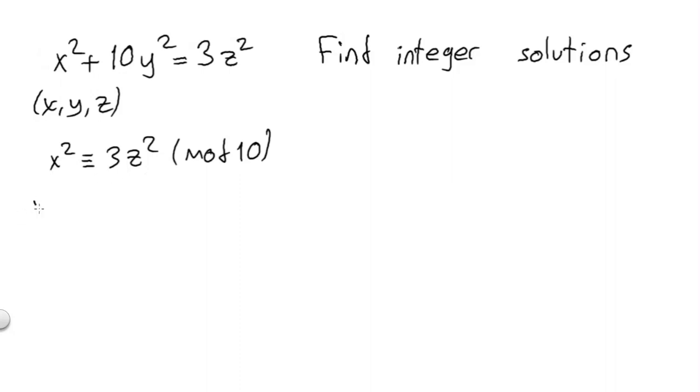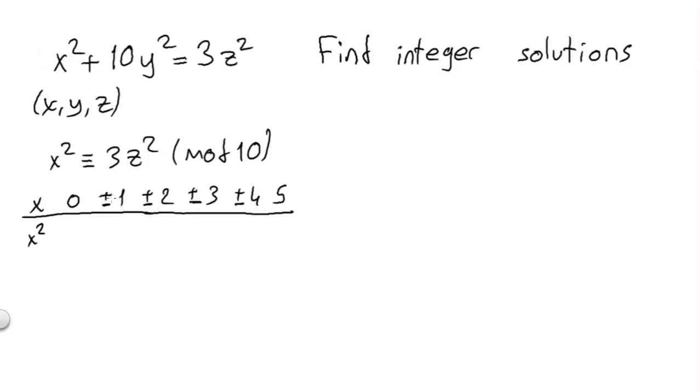I will write the values of x and x squared. x can be 0, plus or minus 1, plus or minus 2, plus or minus 3, plus or minus 4, and 5. It can be minus 5 too, but it's the same. I'm calculating them simultaneously because I'm just going to take squares.